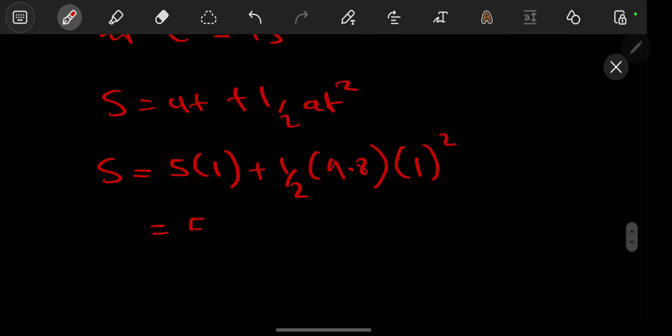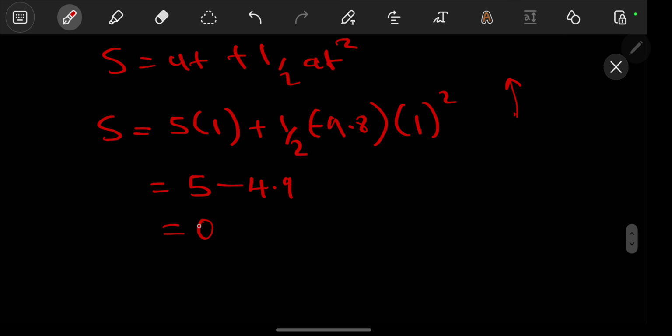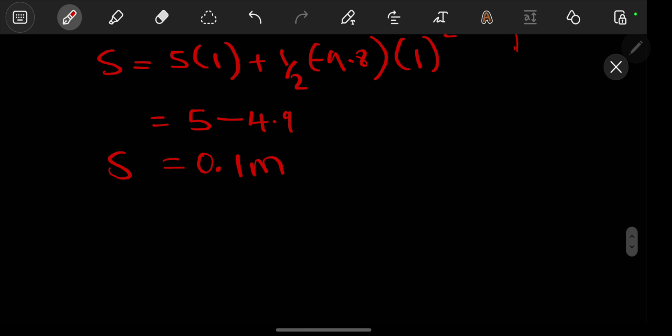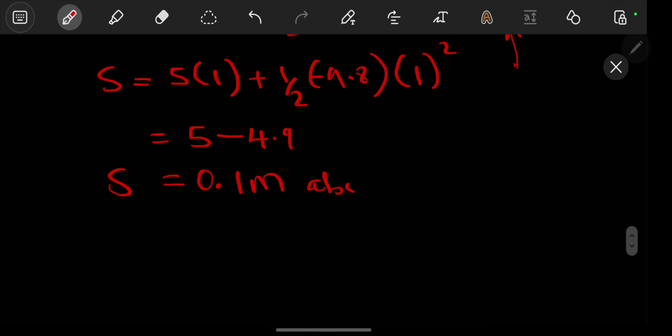So we are going to have our 5. Now remember, our gravity should be negative because when the sandbag was released, it was still going a bit up. So we have minus 4.9, 1 squared is 1. 5 minus 4.9 will give you 0.1. So this is our displacement in meters. That means it is 0.1 meters above the 40-meter mark.